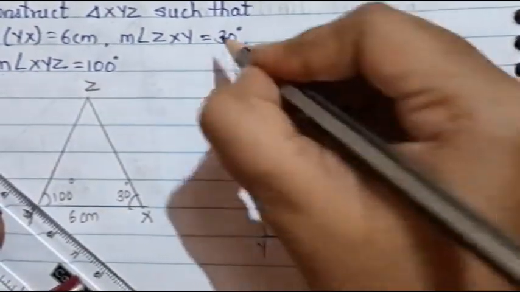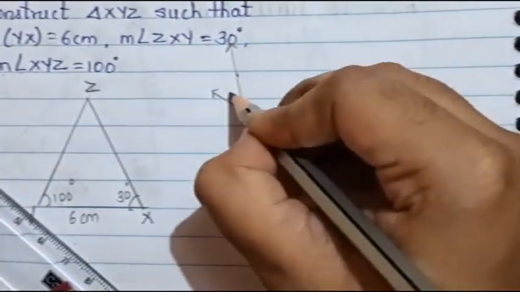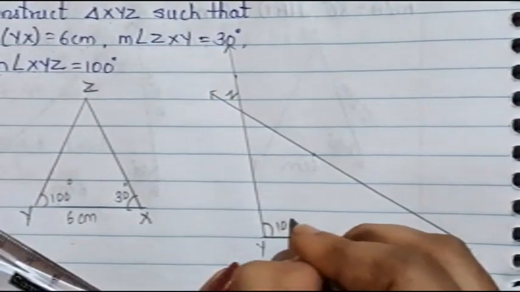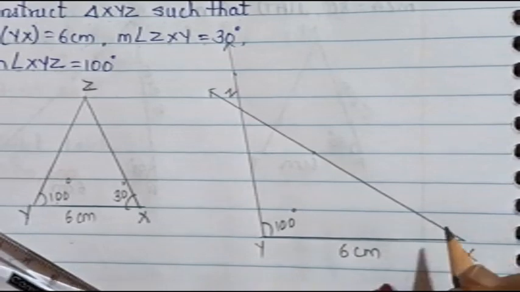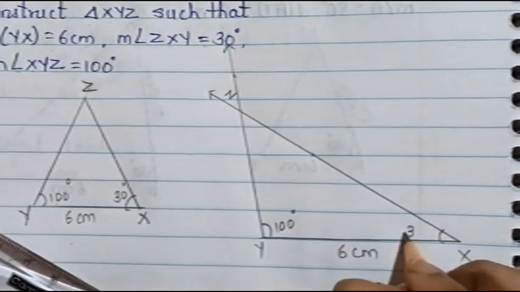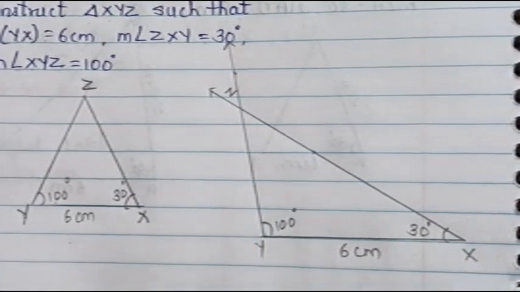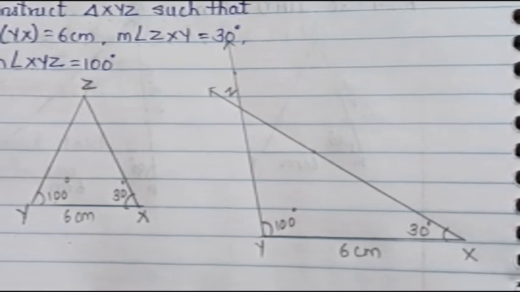So I'll make the 2 arrows, and this point is known as Z. So here you got 100 degree. Okay, and here you got 30 degree. Clear? Have you all got how to construct this triangle? This triangle you are supposed to construct with the help of protractor only. No need of using rounder. Clear?